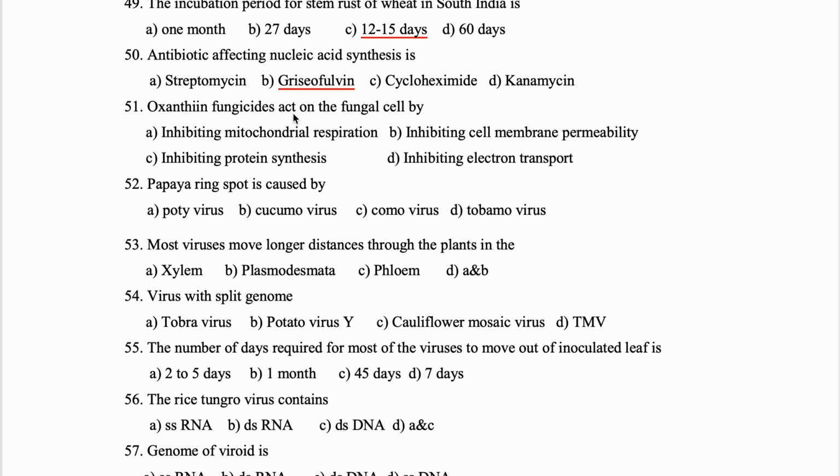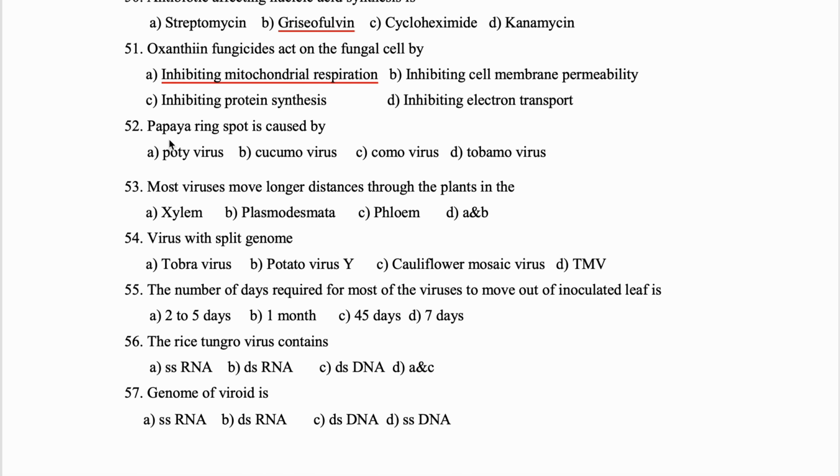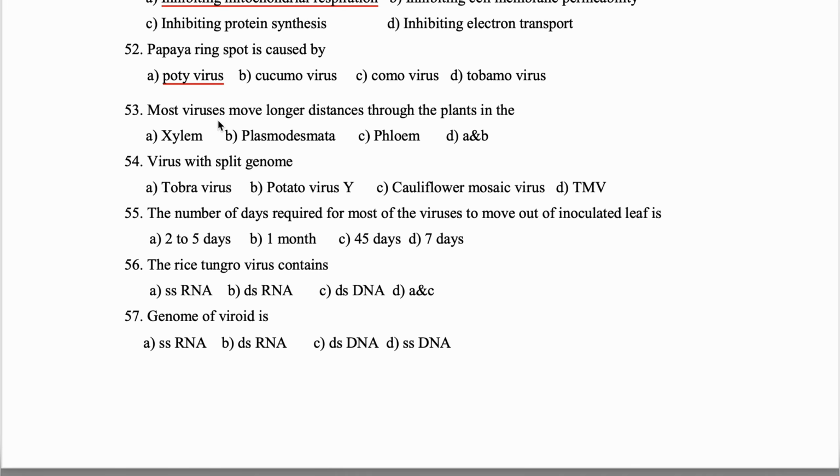Oxathiin fungicide acts on the fungal cell by inhibiting mitochondrial respiration. This is the mode of action for oxathiin fungicides like Vitavax and Plantvax. Okay. Next, papaya ring spot is caused by potyvirus. 53. Most viruses move longer distances through the plant through phloem.